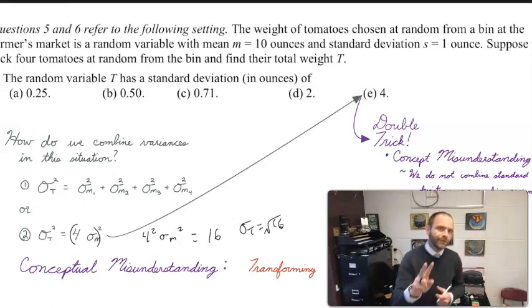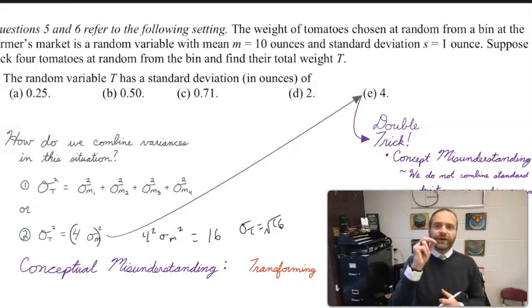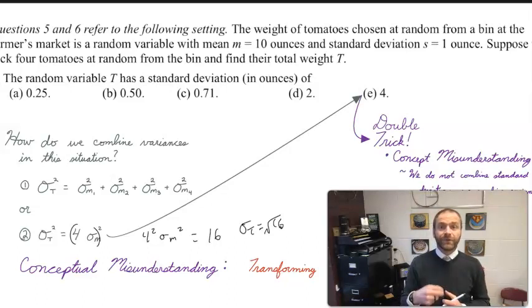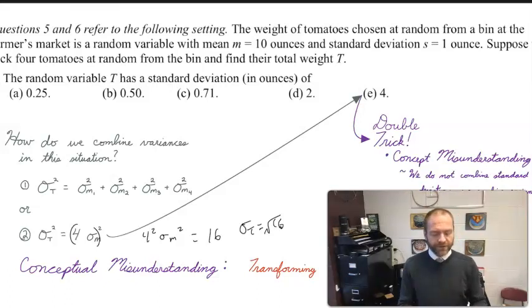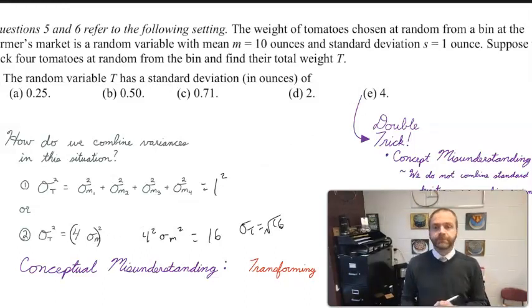Because choice 2 is how you deal with transforming random variables. Choice 1 is what you use when you are combining random variables. My variance is going to be, in this case, 1 for the first tomato squared, because that's the variance of selecting that first random tomato. Let's put it aside. I'm going to reach in the bin and grab another one.